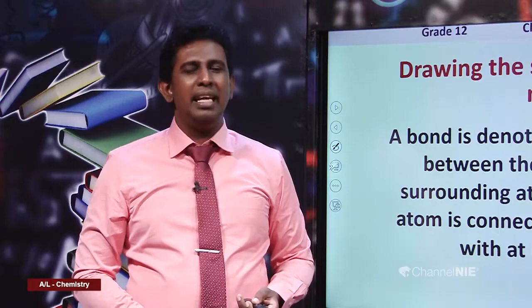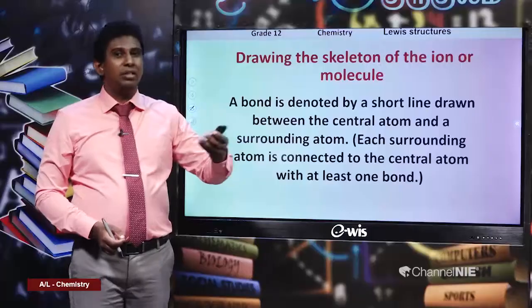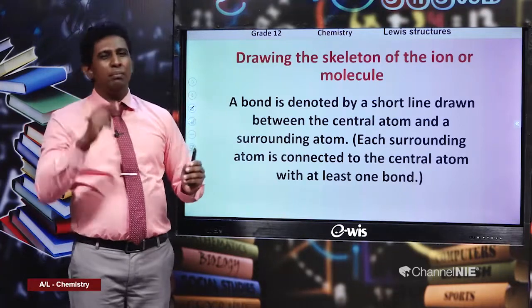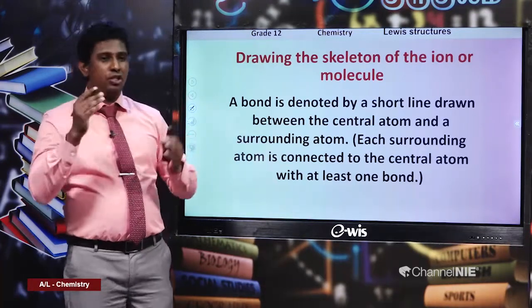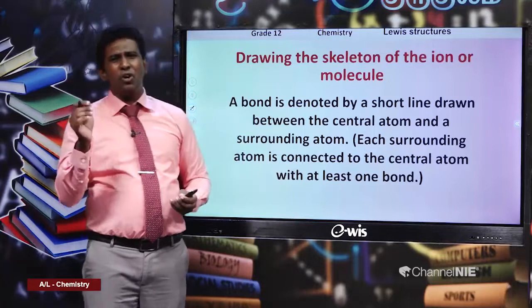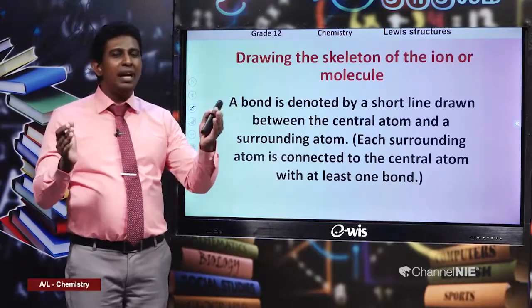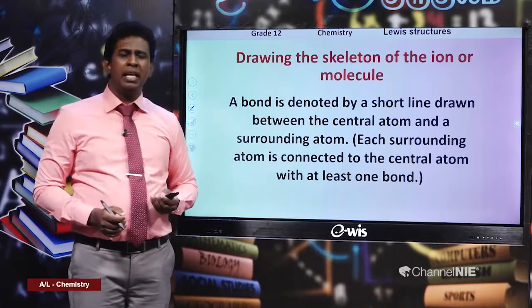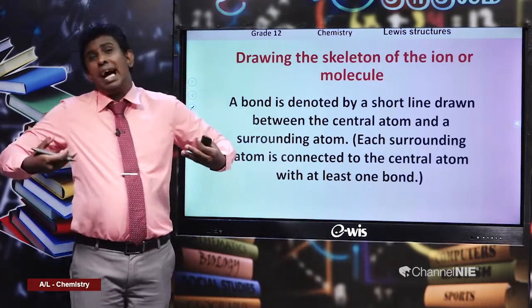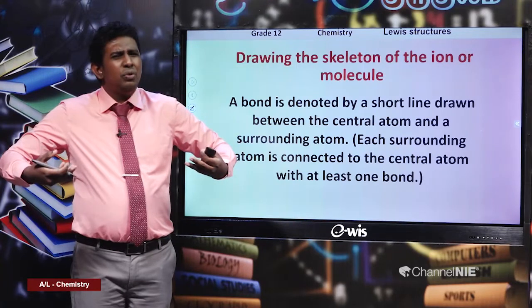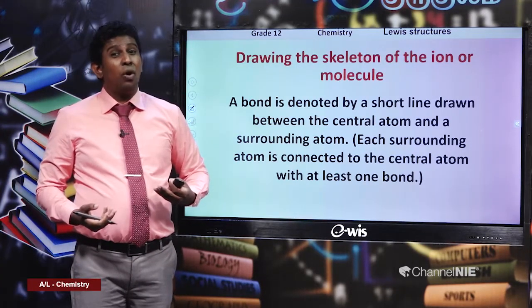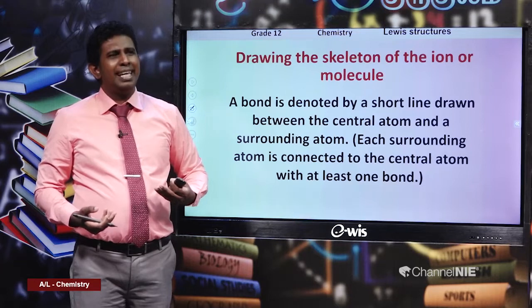So, drawing the skeletal structure, let's first draw one single bond, one short line, a dash, between two atoms, linking them, saying it's the skeleton. Then let's place all the other electrons as it completes octets. Octet means 8 electrons.